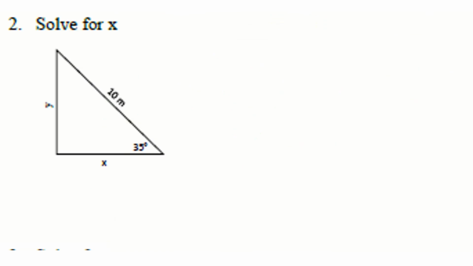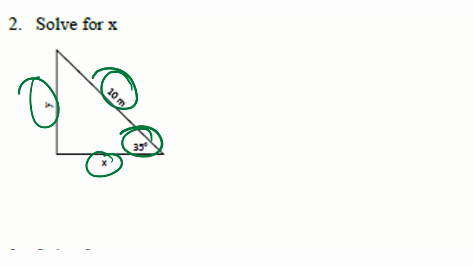Number 2 states, solve for x. So they're giving me this unknown. I know my hypotenuse, but I don't know the y, which is the other side of the triangle. But I do have an angle.